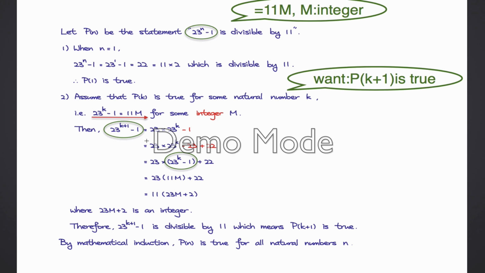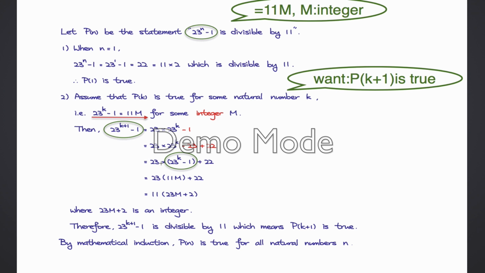Then we look back to our equation. If we want to use our assumption 23^k minus 1 is equal to 11 times some integer, we need to construct this equation into our new equation. Then we can find 23^(k+1) minus 1 is equal to 23 times 23^k minus 1.